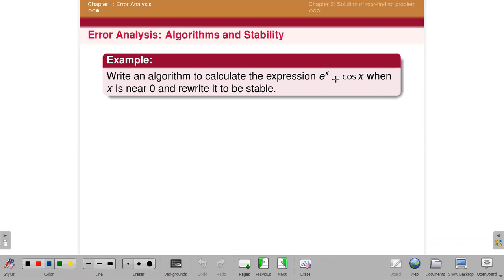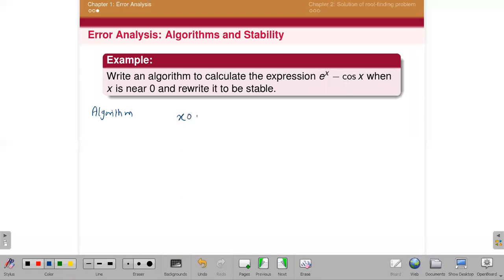But here you cannot do rationalizing. So there will be another technique you have to use to remove the subtraction of two nearly equal numbers. So first, if I write the algorithm, then you can think about how to remove the loss of significance.